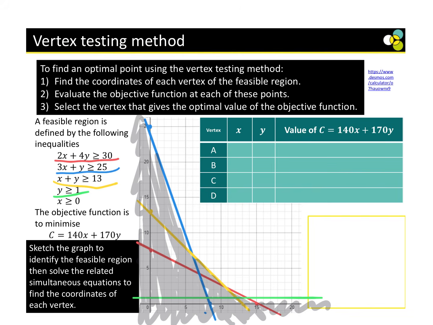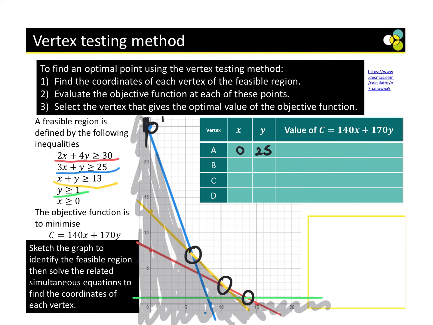As you can clearly see, because this is coloured in, we have one here, here, here, and here. Okay, can everyone see I have 4 vertices? Okay, the first one, I'm going to start at the top and work my way down. The first one is (0, 25).